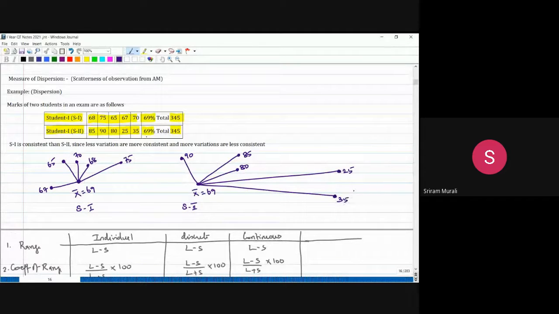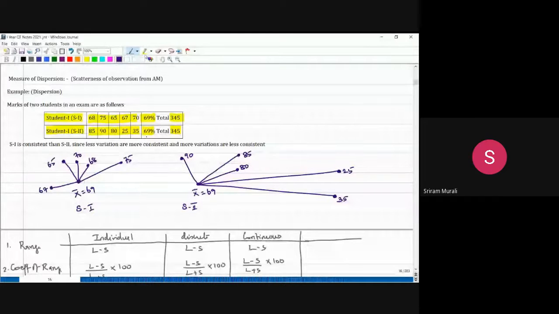So between student 1 and 2, who is uniform, who is consistent? Student 1 also has a variation, but which variation is minimum? Student 1 variation is minimum, whereas student 2 variation is maximum.